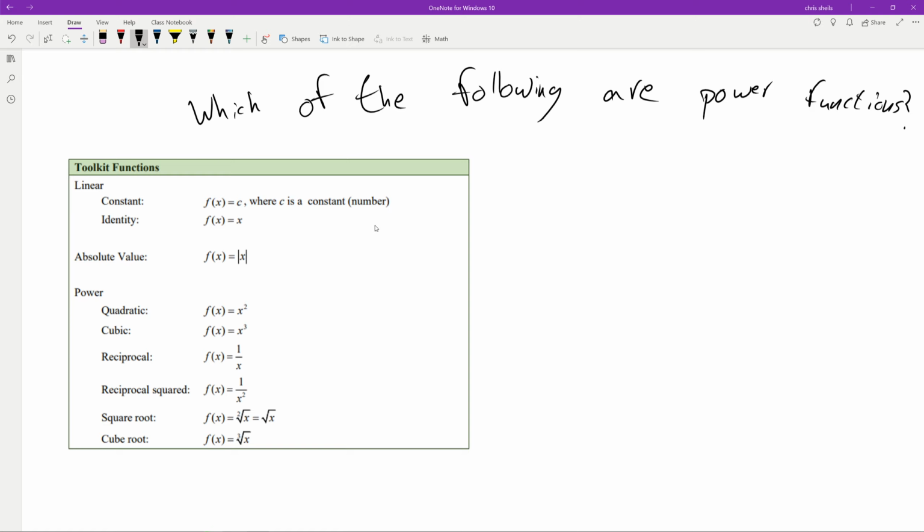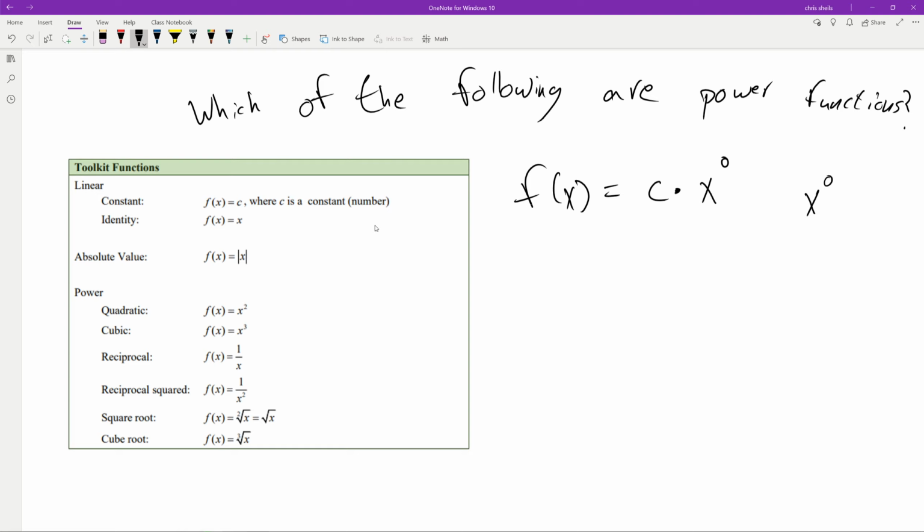Let's see, the constant function. This is f of x equals c. Is this a power function? Well, f of x equals c can really be written as f of x equals c times x to the 0th.